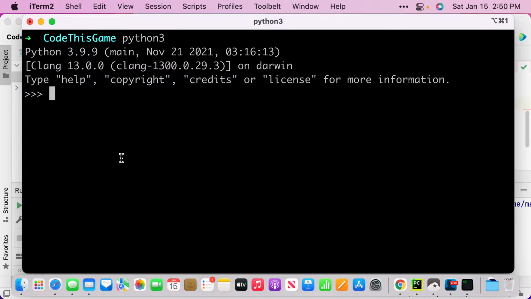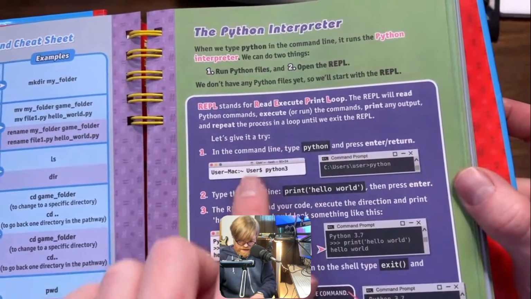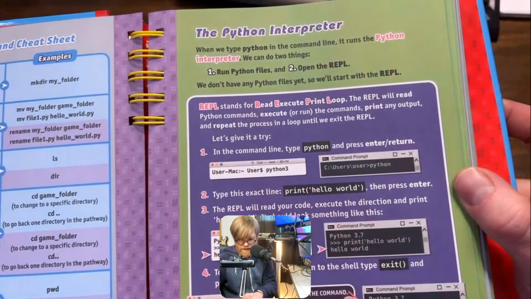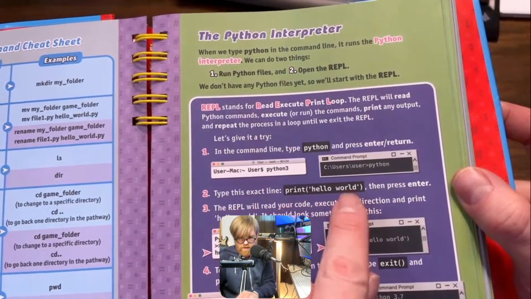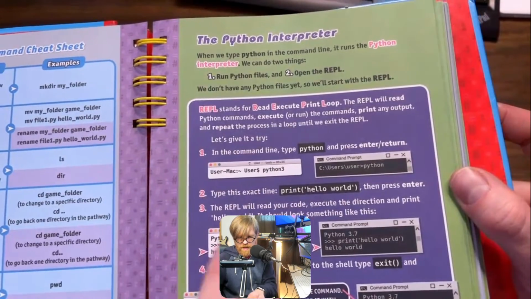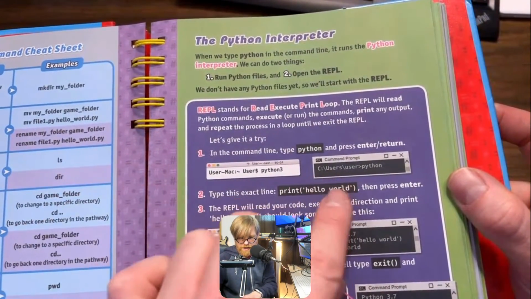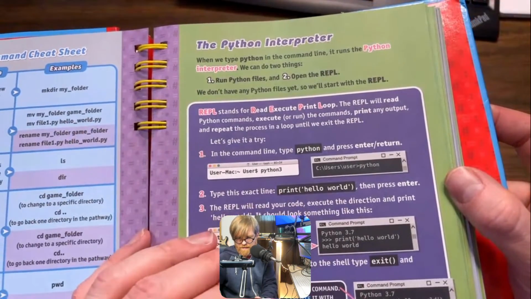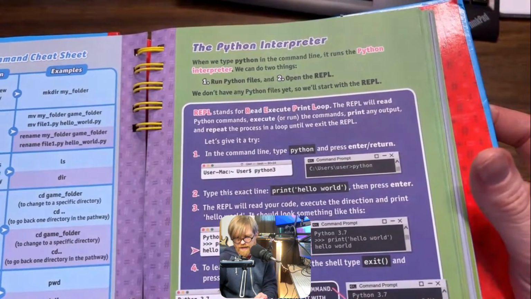And now I'm going to do some of the steps here that are outlined in the book. So in the book, I have a note, number 1, type Python 3, type this exact line, print hello world, and then we'll see what happens when we hit enter. The REPL reads in your code, it executes this direction, and then it prints out something. And then, of course, it goes back into the loop and waits again.